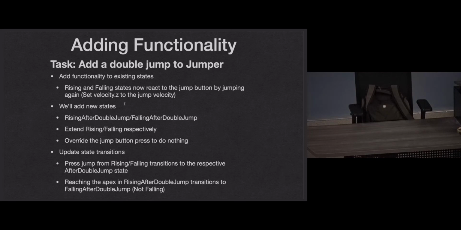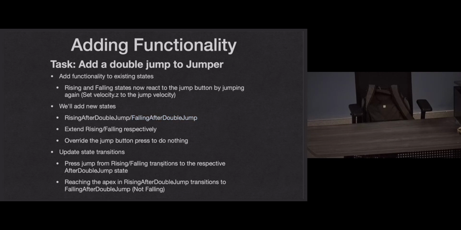So we're going to transition into new states, rising after double jump and falling after double jump. These states will be identical to the rising and falling states, except we're going to disable the jump button. So for these states, we can extend rising and falling and just override jump press to do nothing. That's the only difference in behavior. So we extend those classes and just disable the jump button.